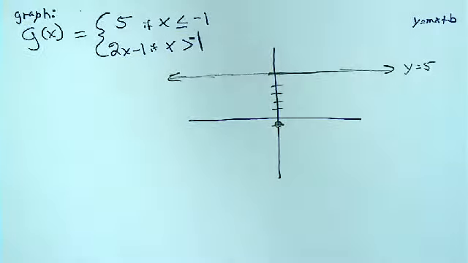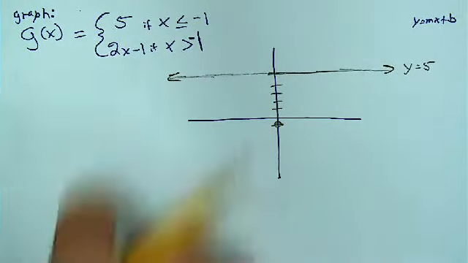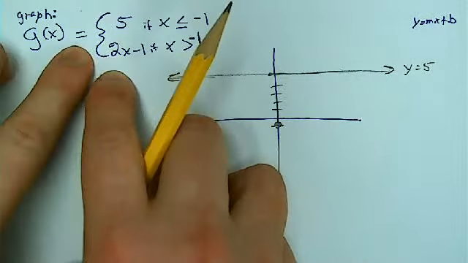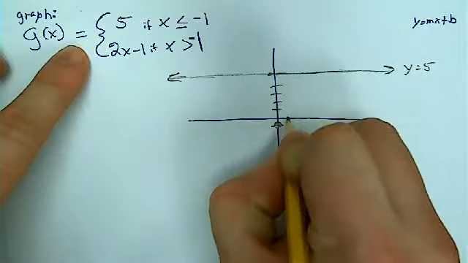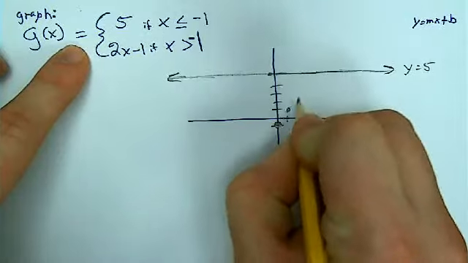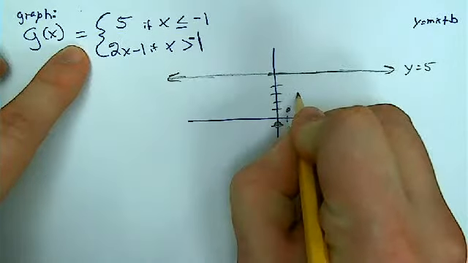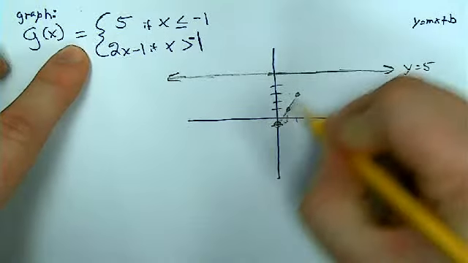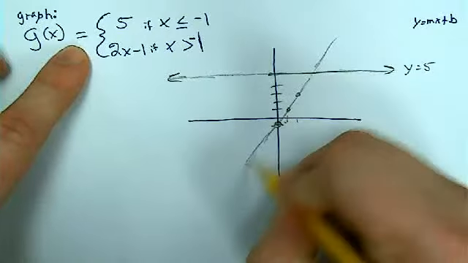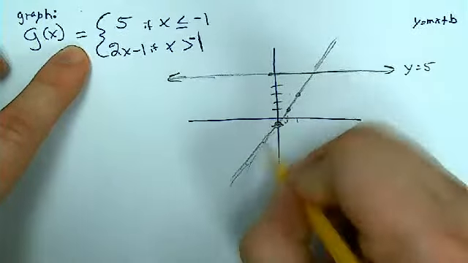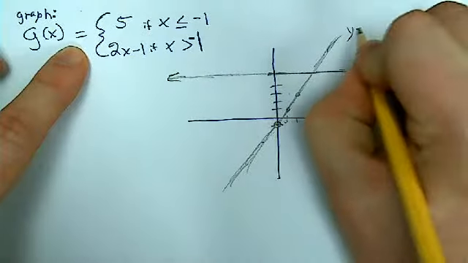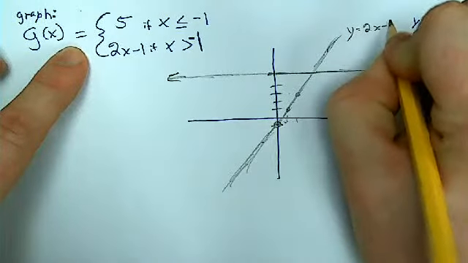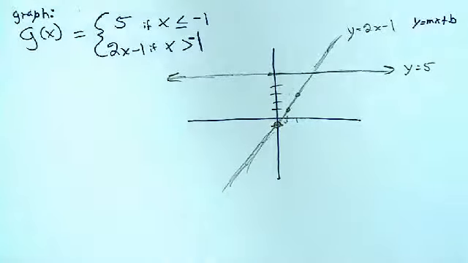And what's my slope? 2. So if the slope is 2 over 1, I go up 2, over 1. Up 2, over 1. So there's my other line. And that's y equals 2x minus 1.